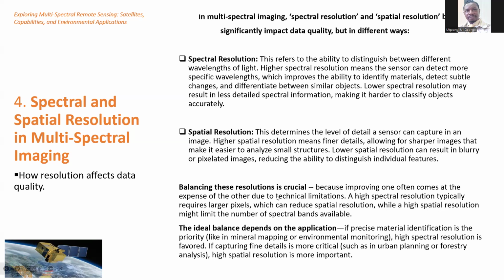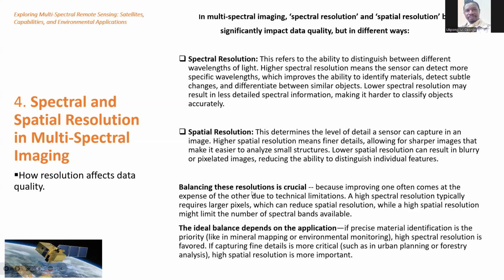In the spectral resolution, this refers to the ability to distinguish between different wavelengths of light. Higher spectral resolution means the sensor can detect specific wavelengths, which improve the ability to identify material and detect changes. And spatial resolution determines the level of detail a sensor can capture in an image.